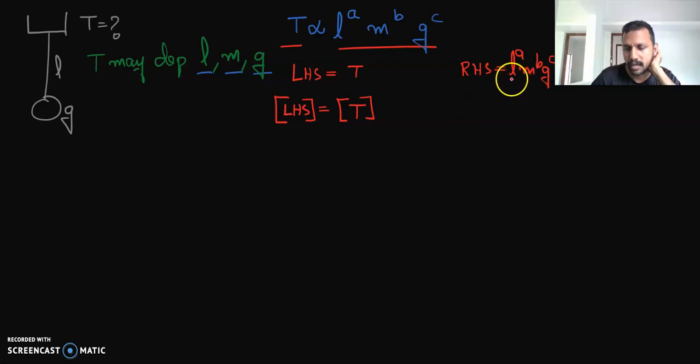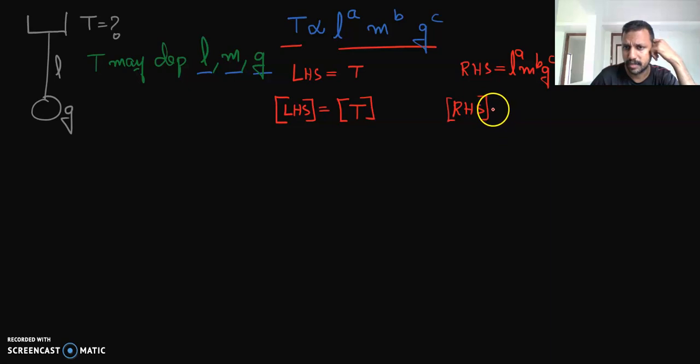Then what's the RHS? It is L raised to A, M raised to B, G raised to C. L is length, M is mass, G is acceleration due to gravity, which is acceleration itself. Let us find out the dimensional formula of RHS.